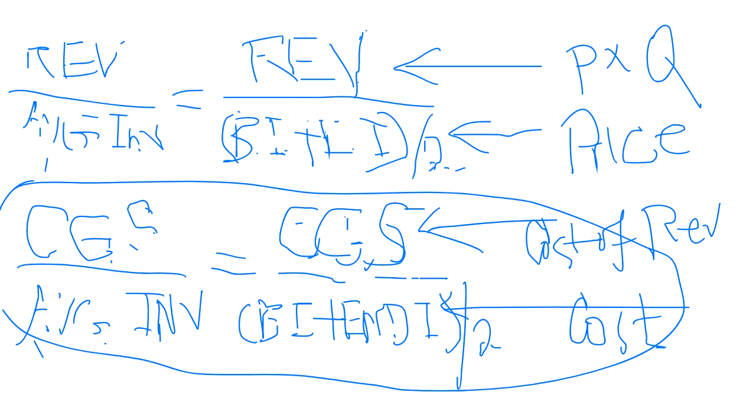So then let's think about what this ratio means. An easy thought experiment would be something like this. Suppose your average sale for a month is $100,000, right?